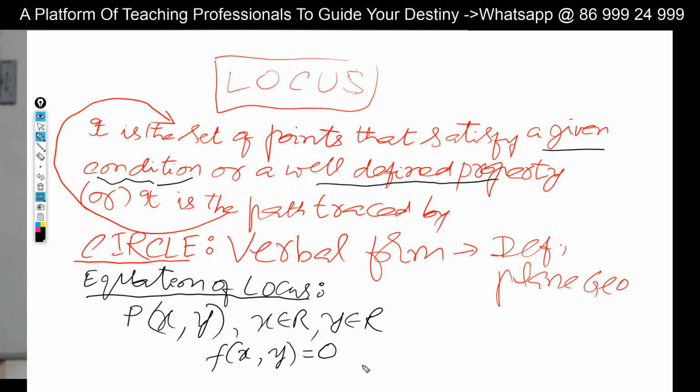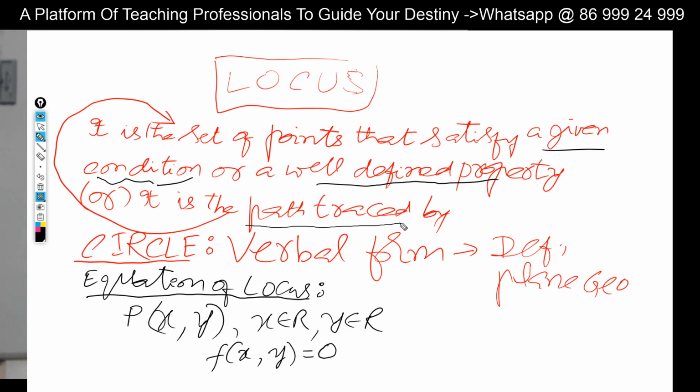So, first of all, what is the definition of locus? Let us understand this as the path traced, because we are dealing with the geometrical figures. It is the path traced by the set of points that satisfy a given condition or a well-defined property.